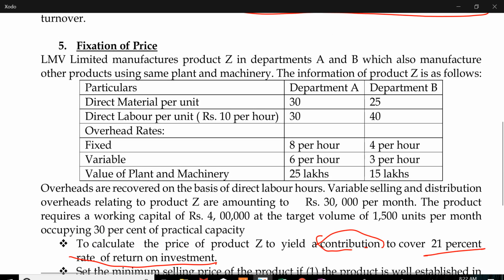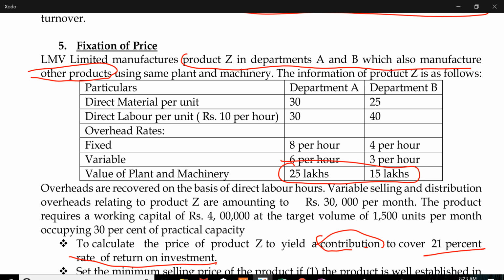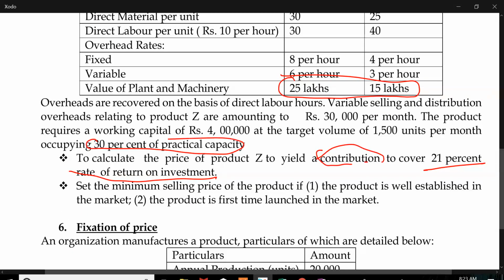Now, product Z is manufactured in department A and B, which also manufacture other products. Department A and B put together have machinery worth 40 lakh rupees. But the entire 40 lakhs is not used for me. Only some percentage is used. What is that percentage? 30% of the practical capacity.